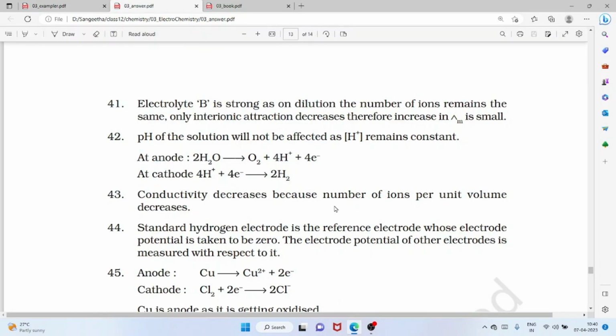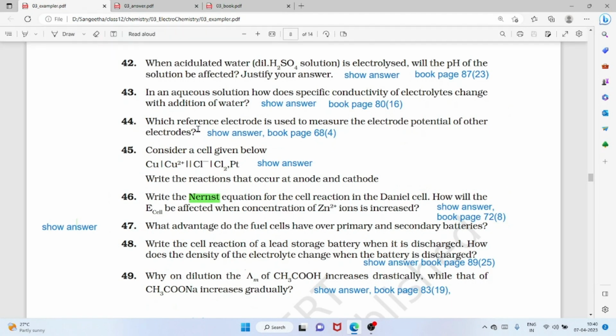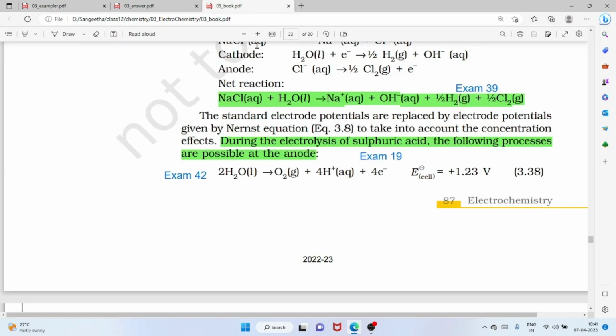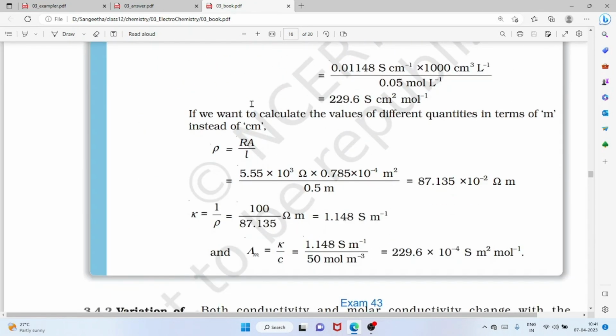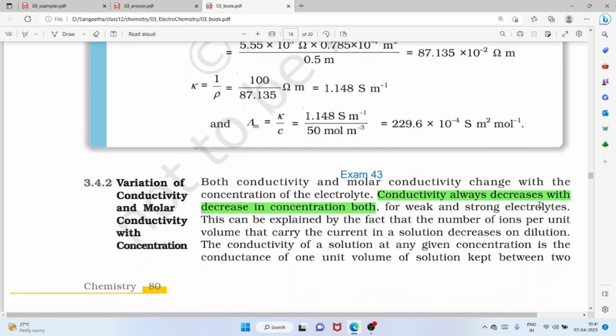Conductivity decreases because the number of ions per unit volume decreases. Conductivity always decreases with the decrease in concentration.